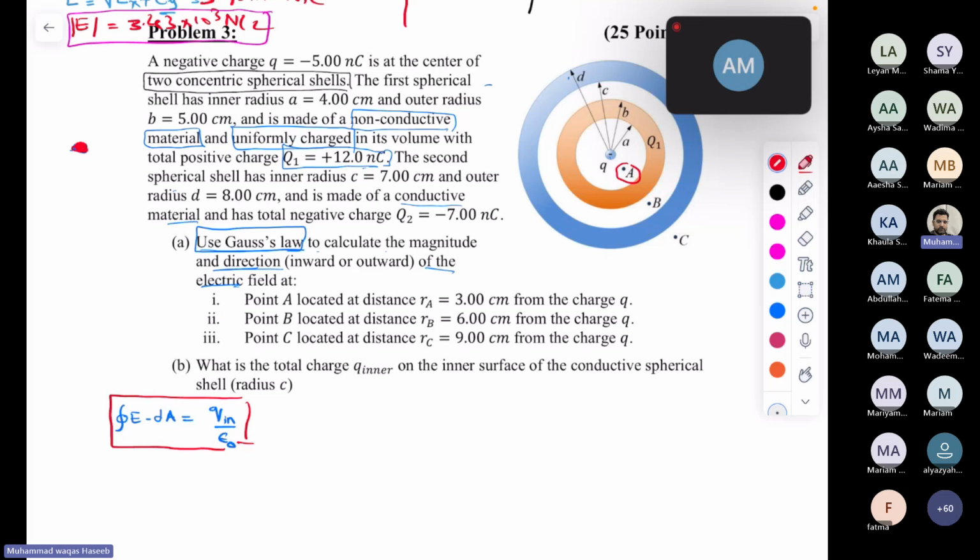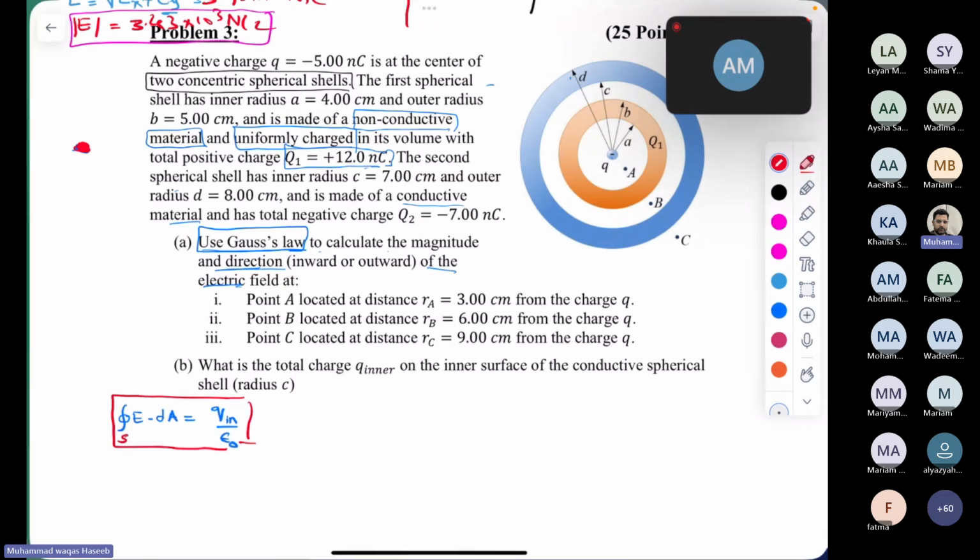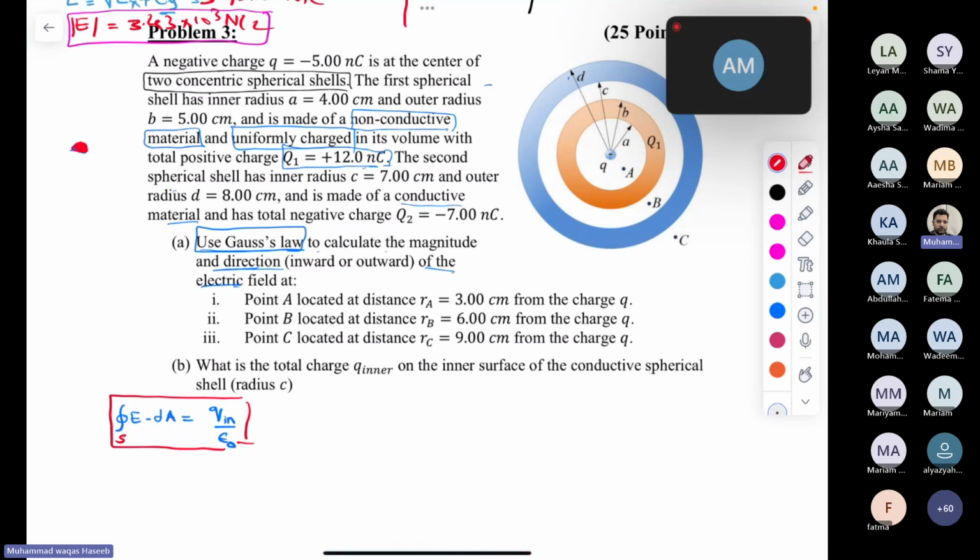First we calculate the total flux for a closed surface S, which is the integral of E dot dA.